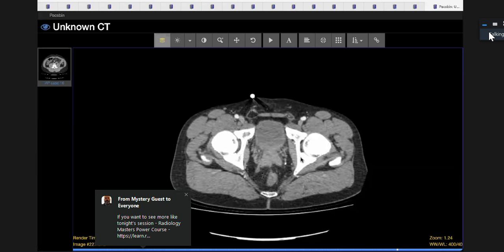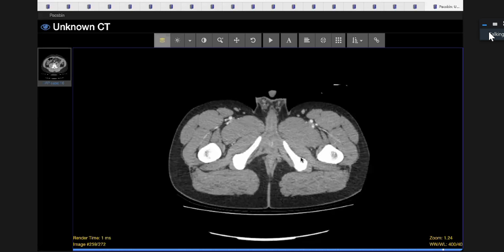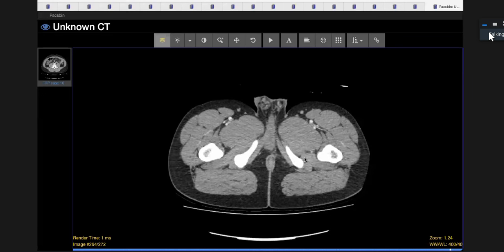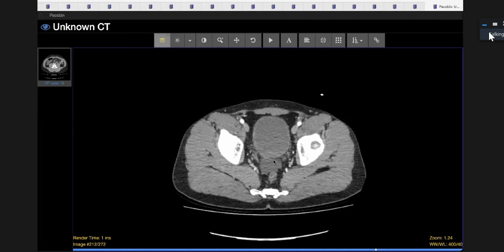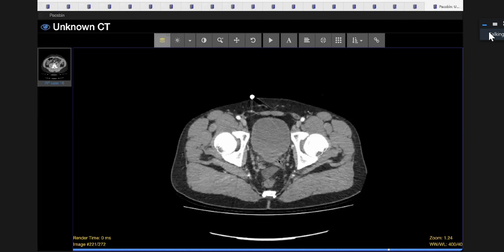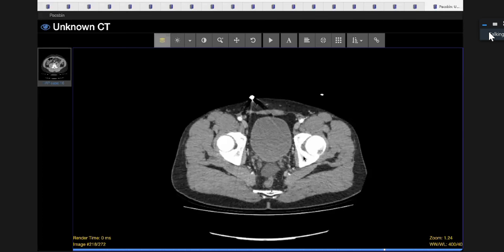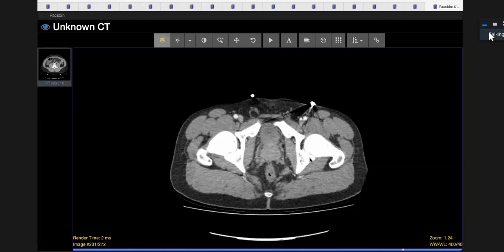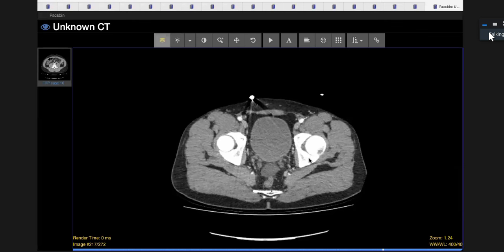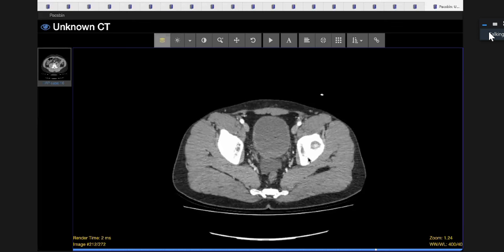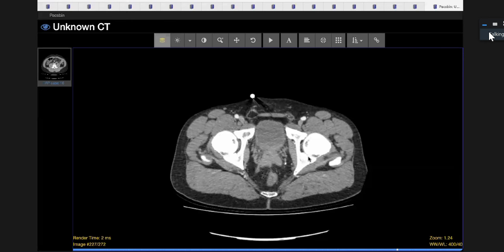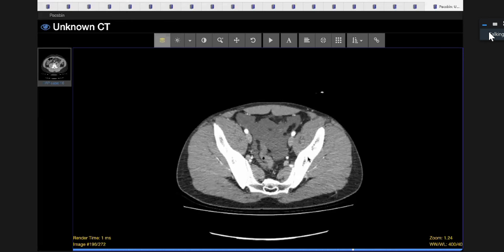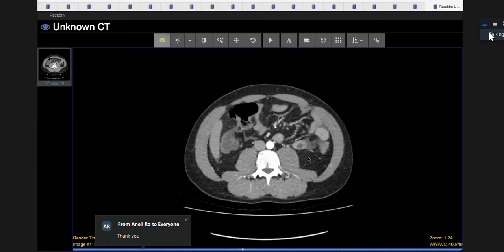Okay, I'm not too convinced about that, but talk to me about the bladder anyway. The bladder does look a bit more hyperdense than usual. Even the wall is also a bit hyperdense. I'm going to go through the ureters quite quickly. The ureters are fine.